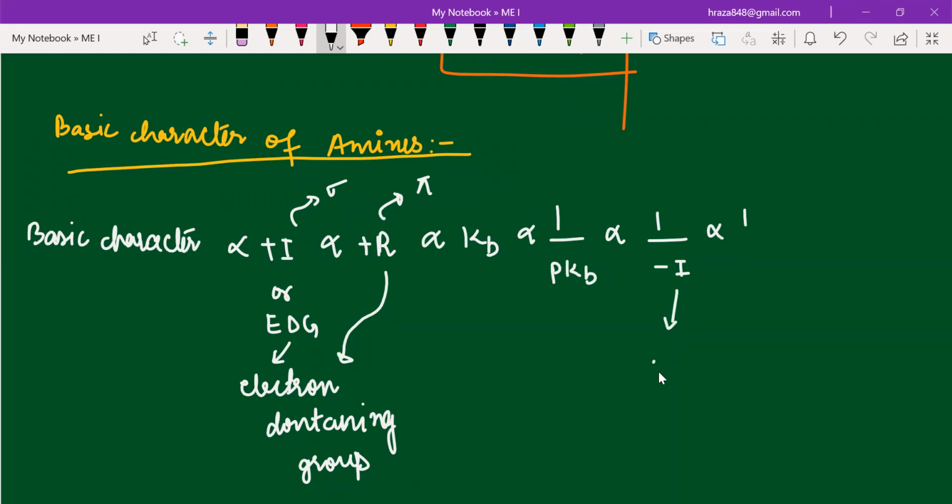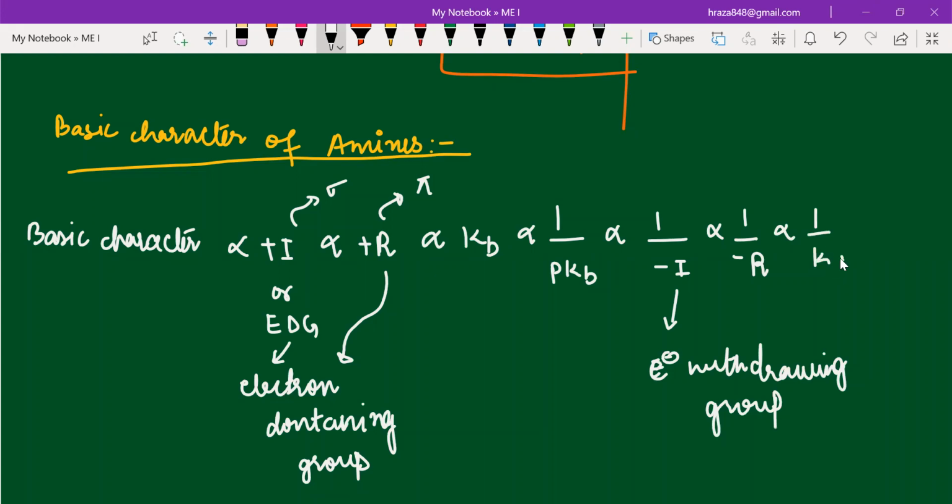This negative sign tells us electron withdrawing group. And this is also inversely proportional to minus R, and inversely proportional to K, where K is acid dissociation constant, and directly proportional to pK.